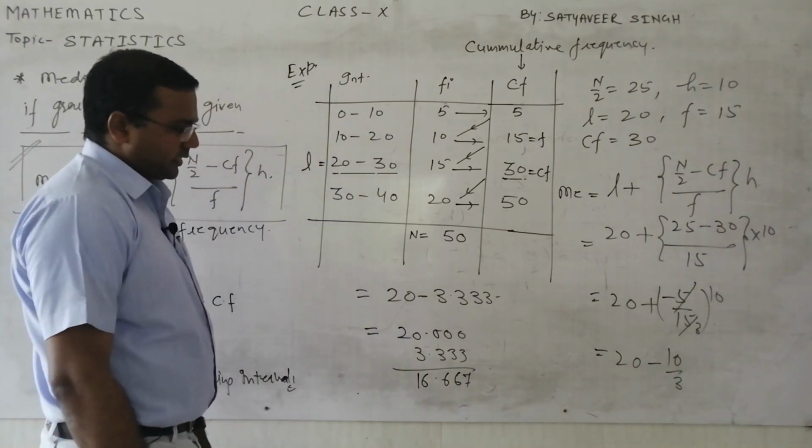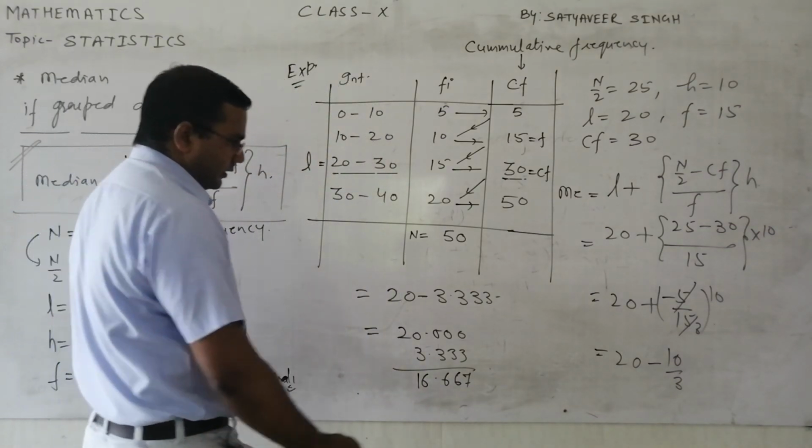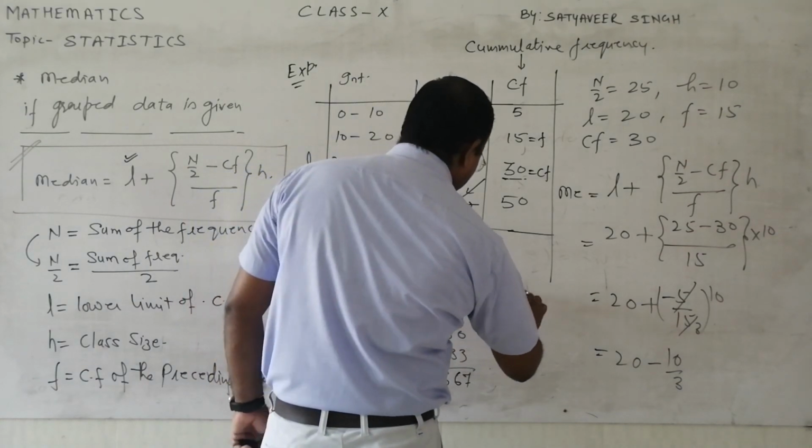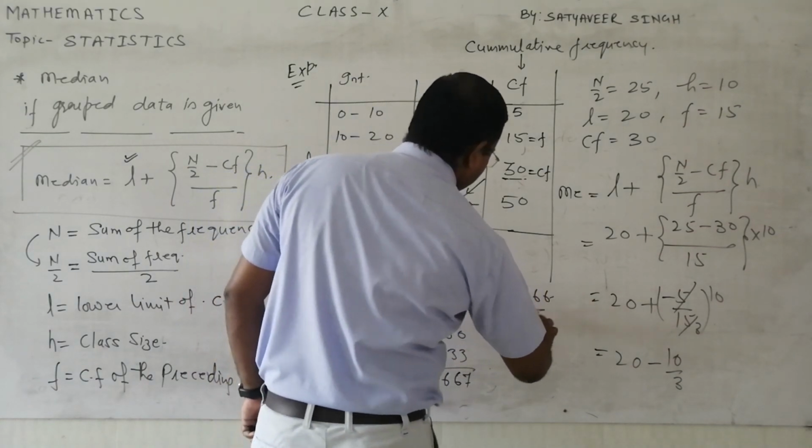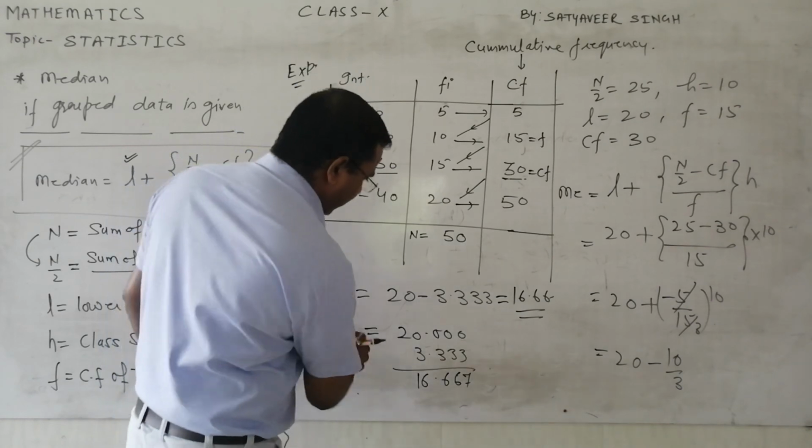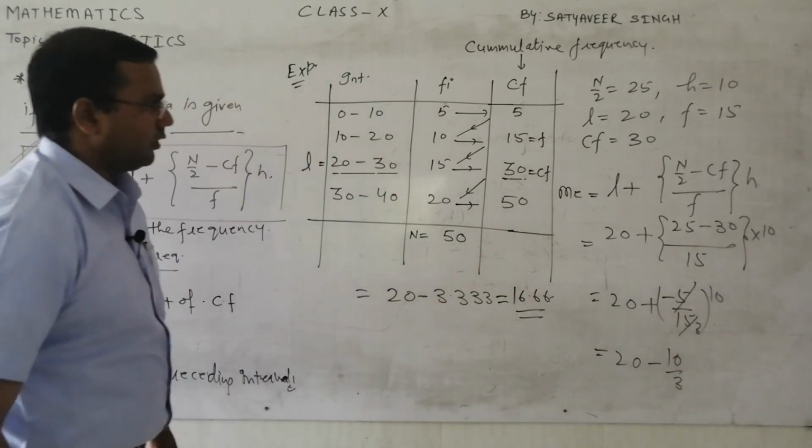So we got 16.667, something like that. We got 16.66. We can say this is the median of this data.